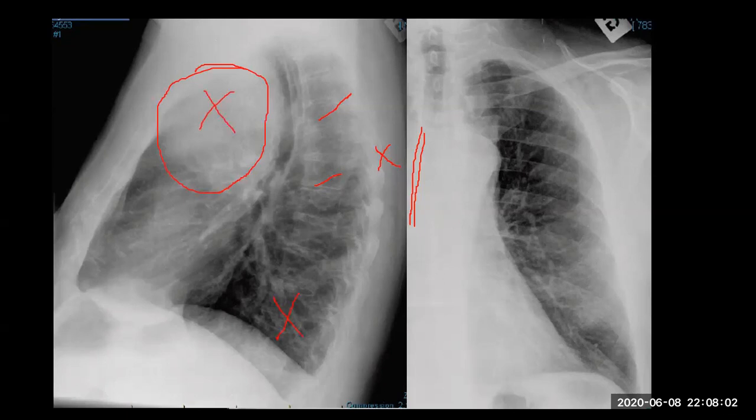If there is any opacity or pathology in the spine, we call this the spine sign. If the retrosternal space is opaque, we call it the retrosternal sign. So this is an anterior mediastinal mass.